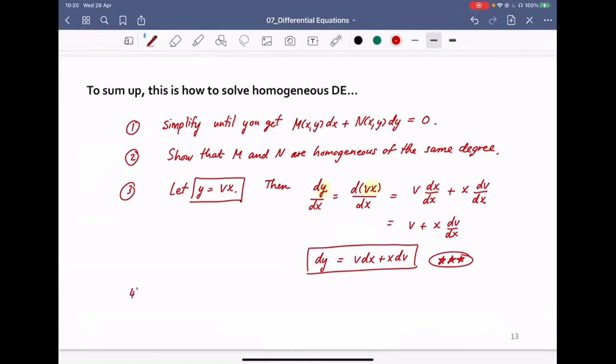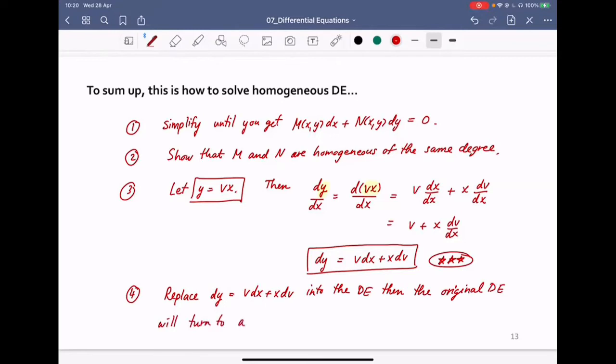And then number 4, you replace dy equal to v dx plus x dv into the differential equation, and then the original equation will turn into a separable equation in terms of x and v.